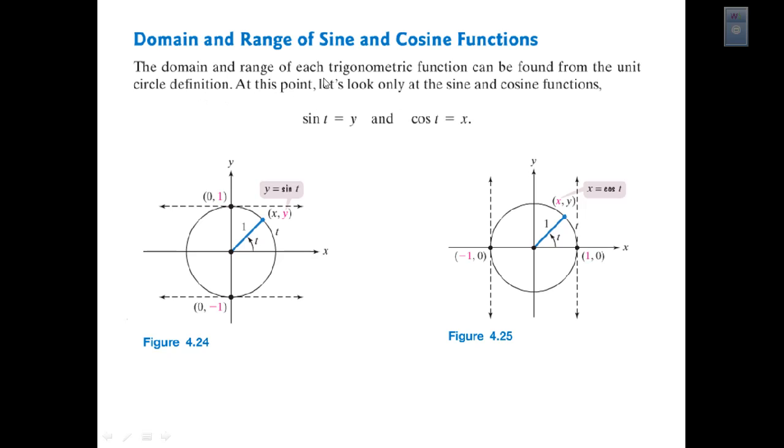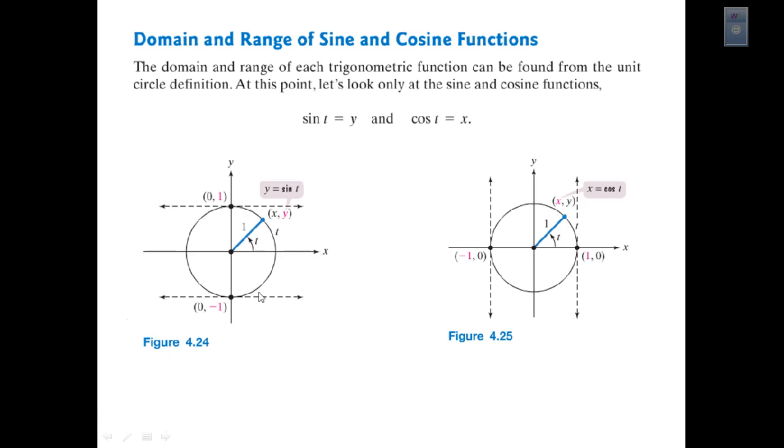So let's look at those just in the cosine and sine functions. When we're looking at sine, we can put in any value of t. So t is all real numbers for the sine function. So that's the domain. Any number we want to. And when we look at our output value, we're looking at the y.